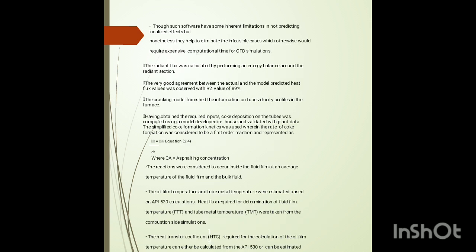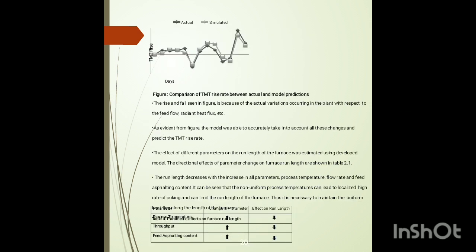As I said in the abstract, the coker furnace length is to be increased by means of a coker furnace rod made of mild steel, and we are using CFD simulations to tally the coker furnace length.